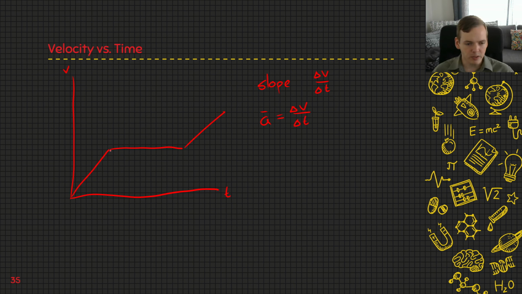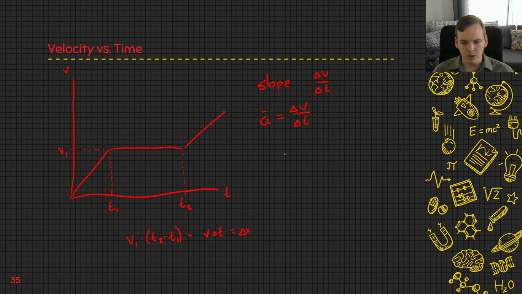What's also interesting is if you look at, say, an area, just from t1 to t2, you can calculate this area by multiplying it and getting v1 times t2 minus t1, which can also be written as v times delta t, which is equal to delta x.